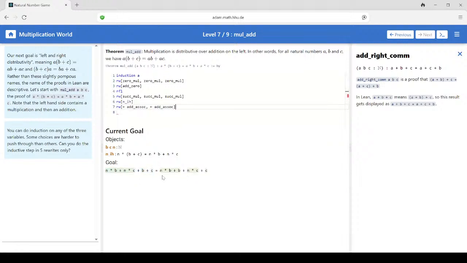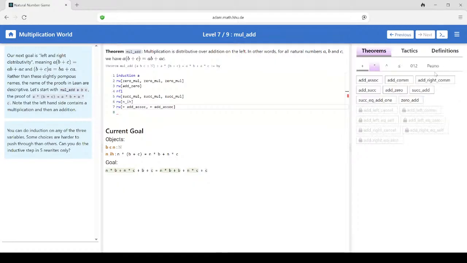I just need to rearrange where they are. Nope.